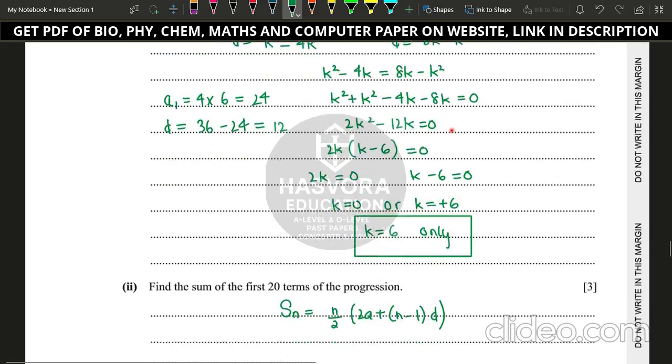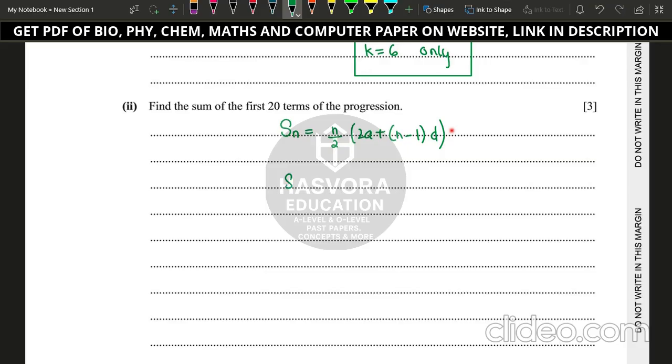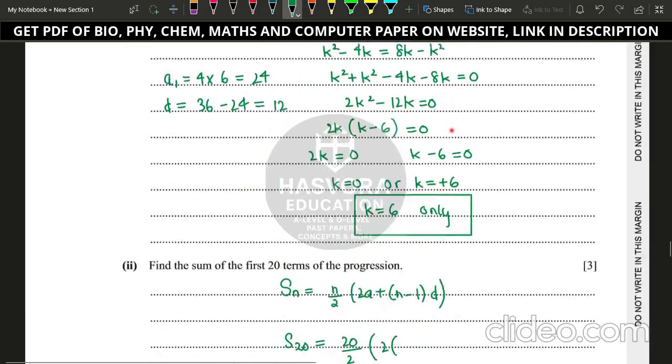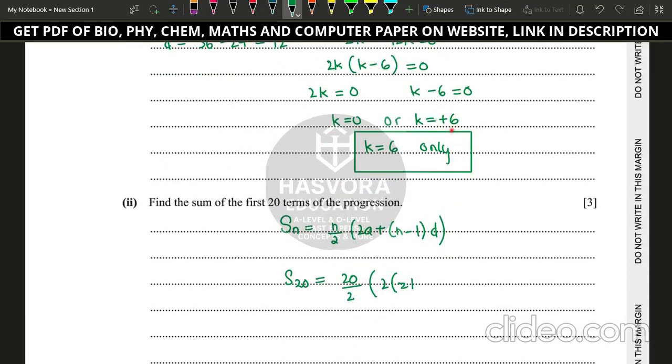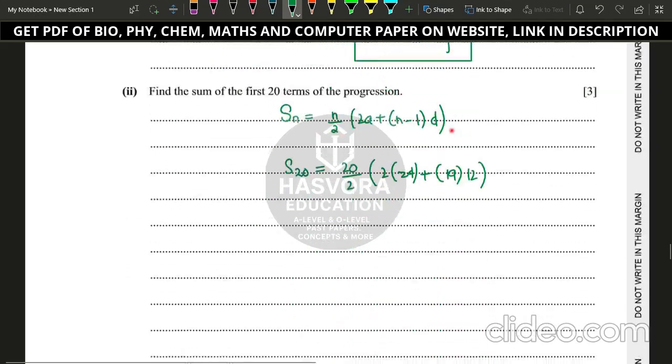Let's just now plug it in. So S20, which is the summation of 20 terms, is equal to 20 divided by 2 into 2A. So A was 24, plus we have n minus 1, so 19, and the D was 12. So now we can just simply simplify this.